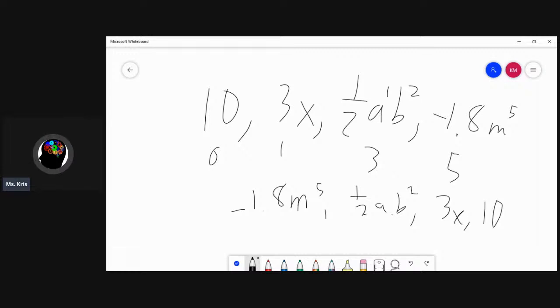Now remember these orders because you will see them again when you are adding and subtracting your polynomials. Now, a monomial is a single term.